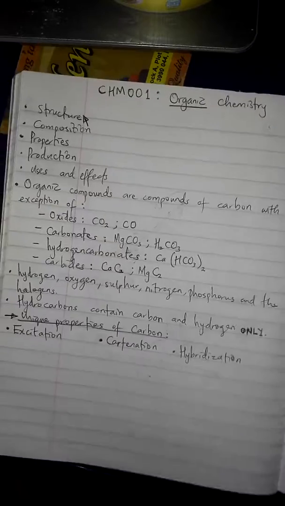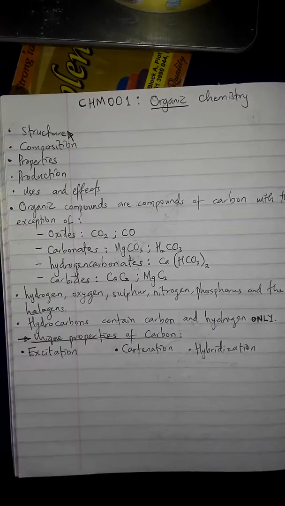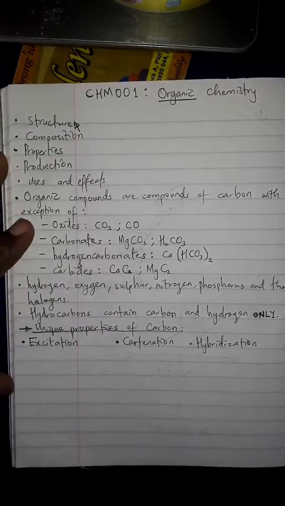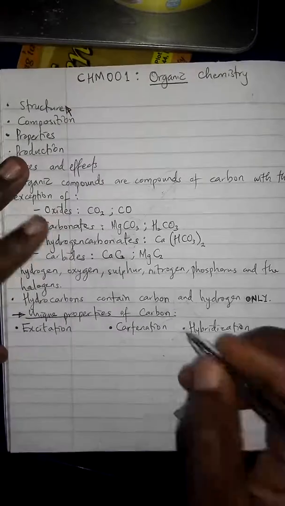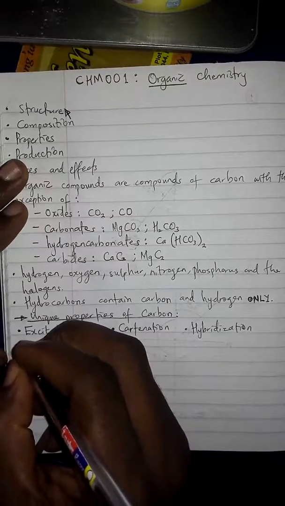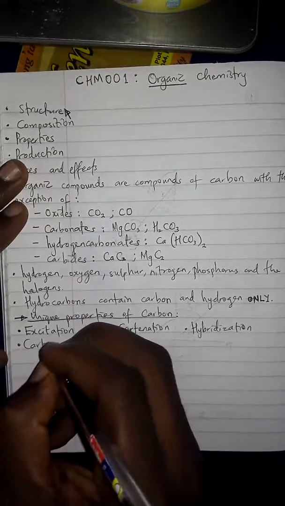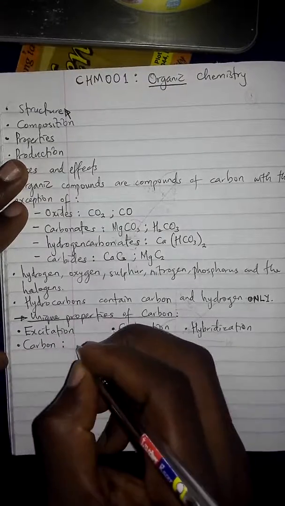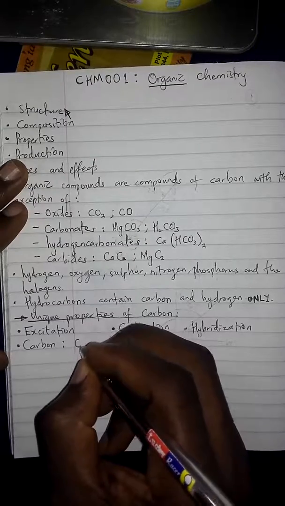If you don't know that, you can revise atomic structure and periodicity. You will recall that carbon as an element has atomic number 6.